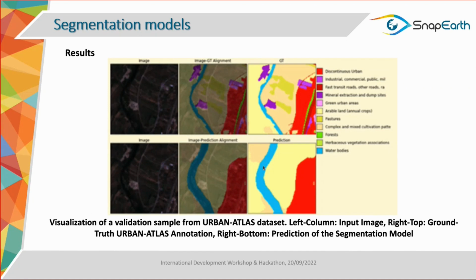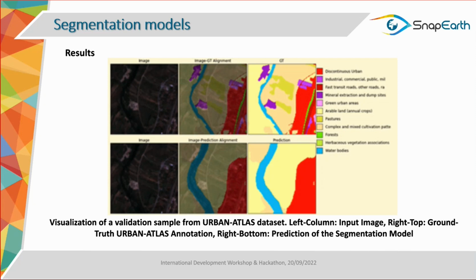Here you can see what the results are. At the top of the image, there is the ground truth, so what is really on the satellite image, and at the bottom you can see what was predicted by the segmentation, by the deep learning model.